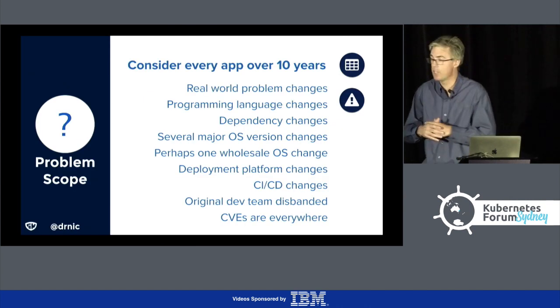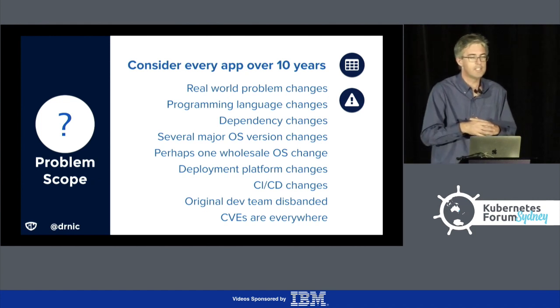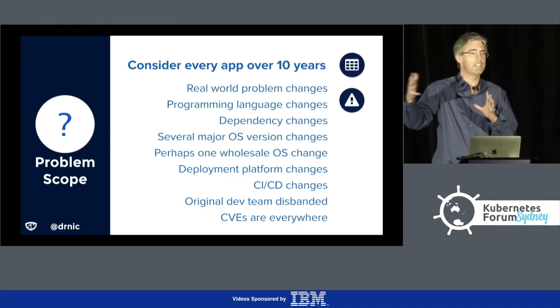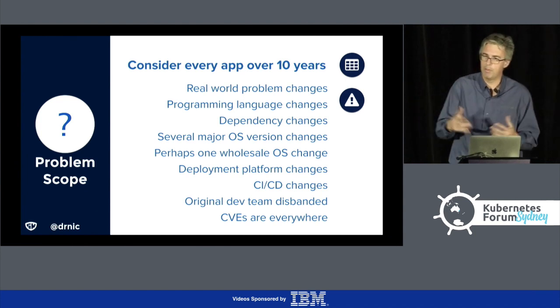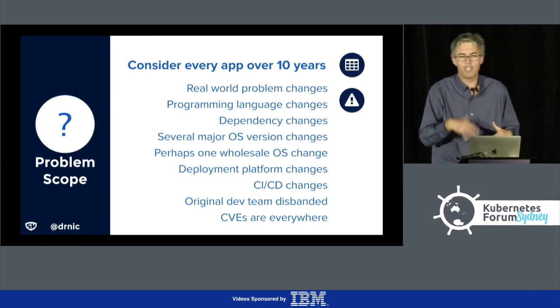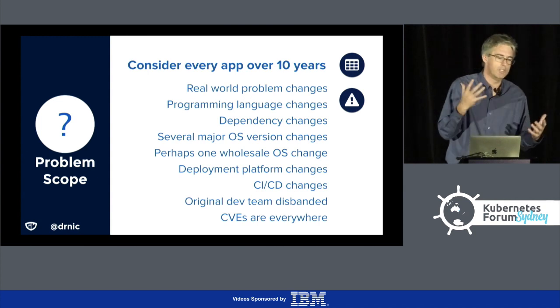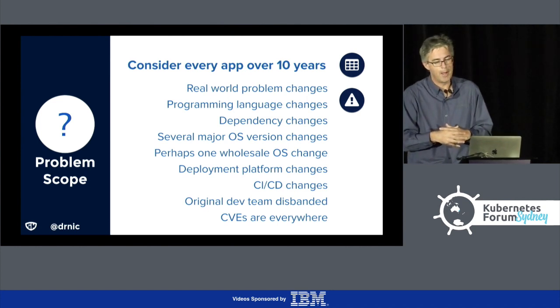All right. So every app over 10 years has this. This is not the last 10 years, but the next 10 years. You're building an app. The real-world problems that led you to build it are going to change. You're going to change the programming language versions that you use, maybe even rewrite the whole thing in new languages.